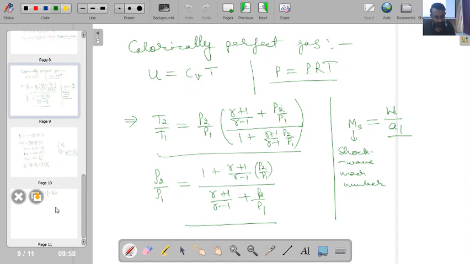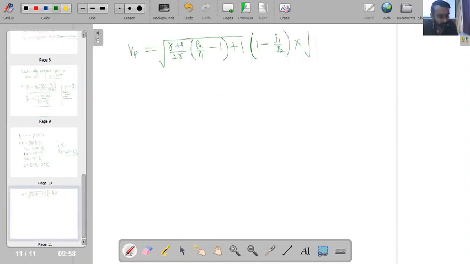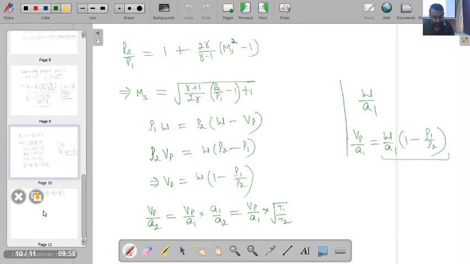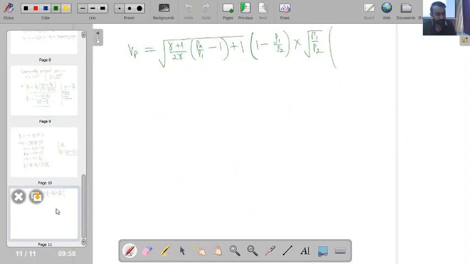That will become P1 by P2 square root, and inside the bracket, 1 plus, and this whole power will be 1 by 2. Sorry, this is Vp by A2.